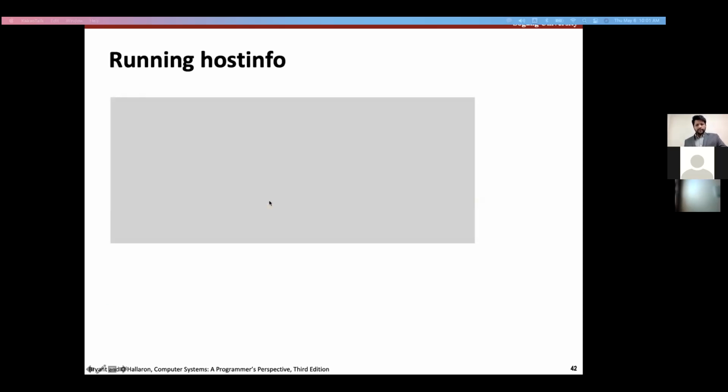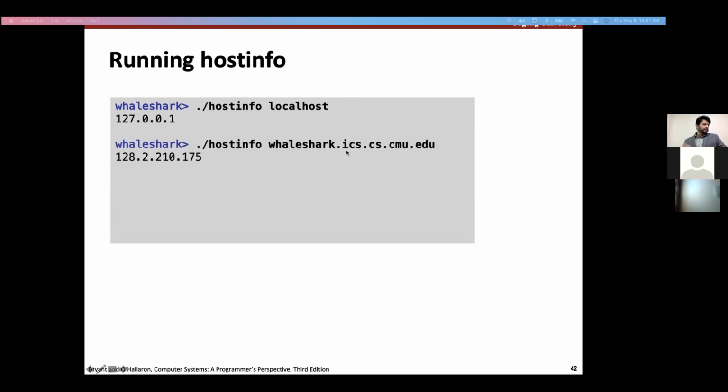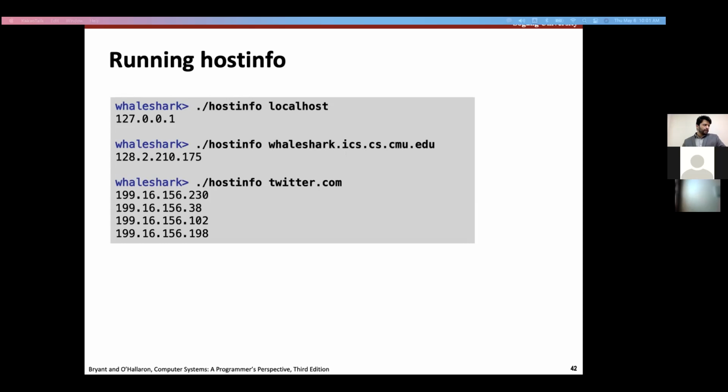When we run host information, we can see the IP addresses behind the names. Let's say you run host information with localhost, you will see this IP. When you pass some domain name, you are going to see a slightly different IP. Similarly, if you pass some other domain name which has multiple IPs mapped to the same address, you are going to see a set of IP addresses.